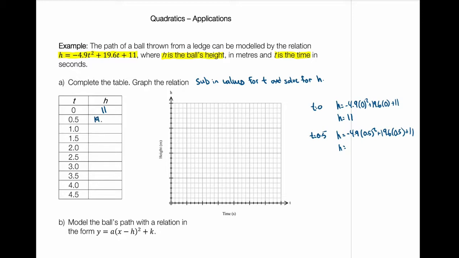We get 19.6 roughly. If we do the same thing again and plug in 1, we get 25.7.